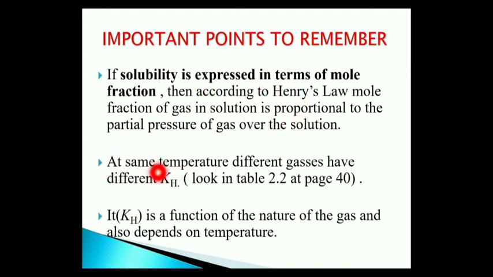Now at the same temperature, different gases have different KH values. Carbon dioxide will have a different KH value, oxygen will have a different KH value, nitrogen gas will have a different KH value. You can look at the different values by looking at Table 2.2 given in your NCERT textbook, where they have given different gases like helium, hydrogen, nitrogen, oxygen, etc., which at the same temperature, that is at 293 Kelvin, show different KH values.